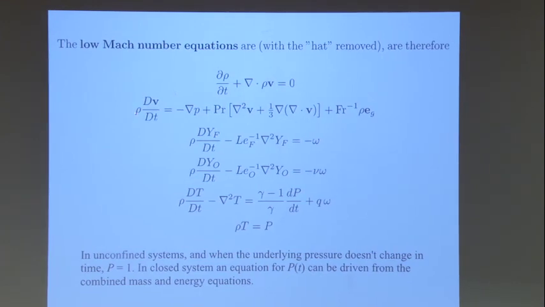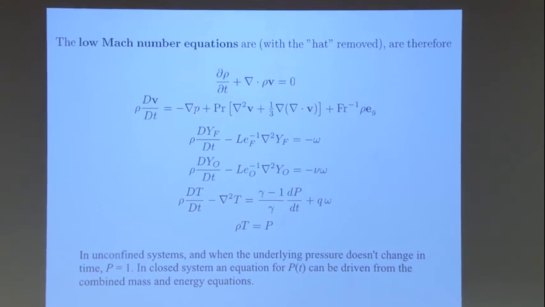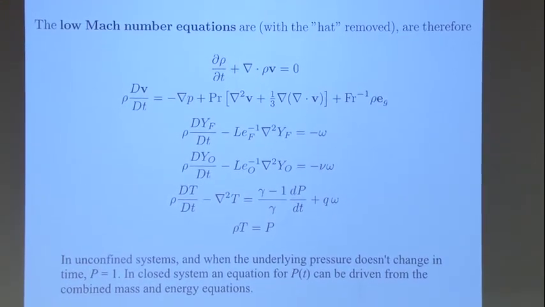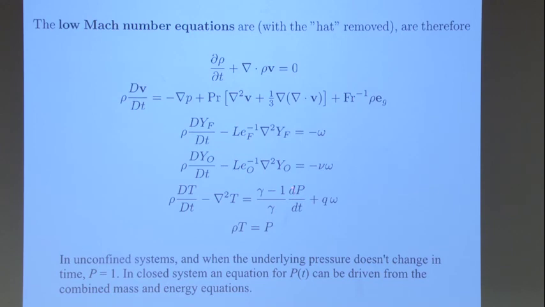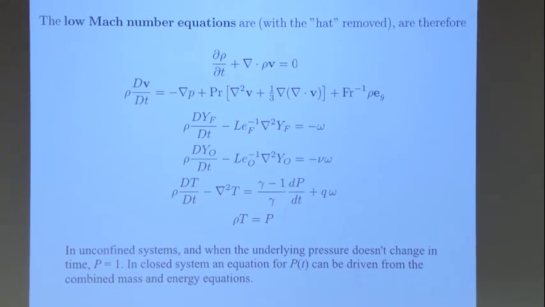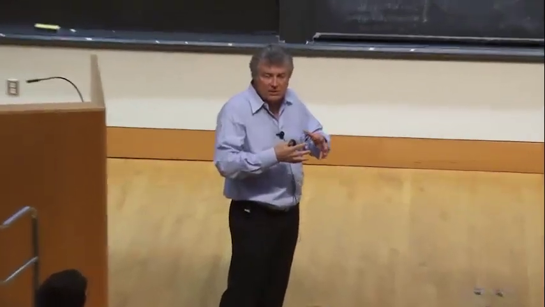So here are the equations that we are left with in the low Mach number approximation. The momentum equation now consists only of this P hat, and I removed the hat as I indicated here. The equation of state is just rho T equal to P, and the work due to the pressure is only due to the change in the ambient pressure or the global pressure. Now, P will change in time if combustion occurs in a closed system, because then the pressure increases in time.